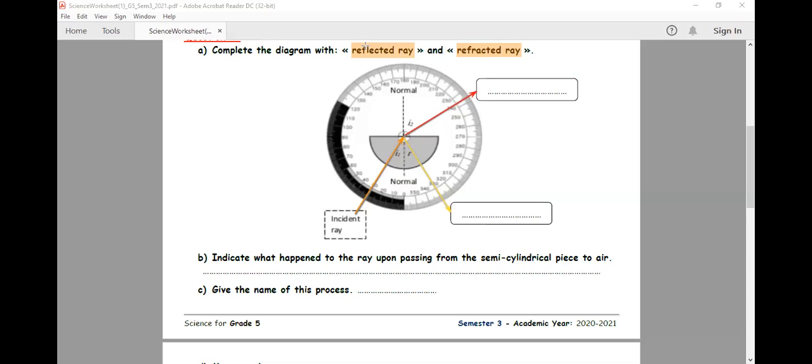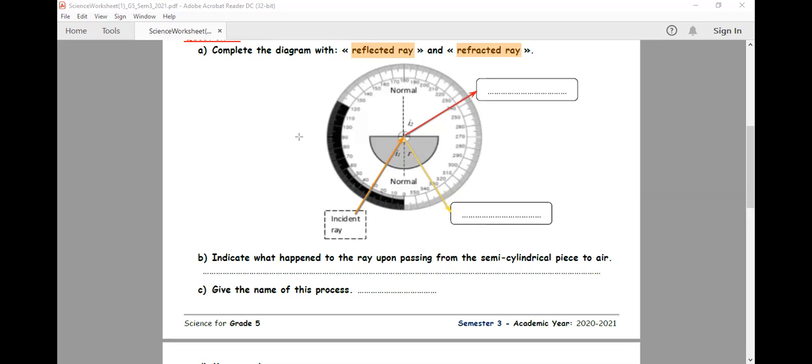Which one is the reflected? Which one is the refracted? Zahra is saying the reflected is the yellow one. What do you think? The red one is the refracted ray, and the bottom one is the reflected.